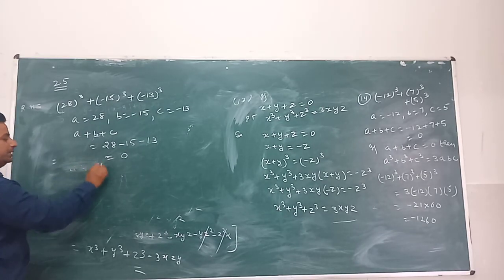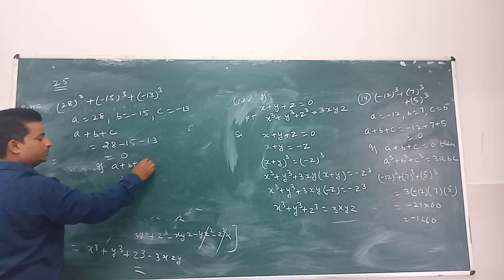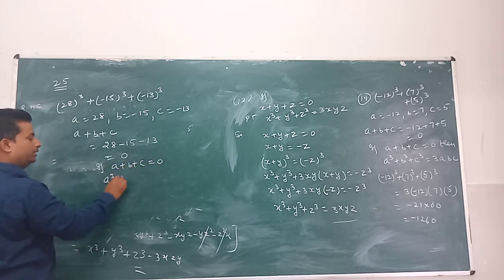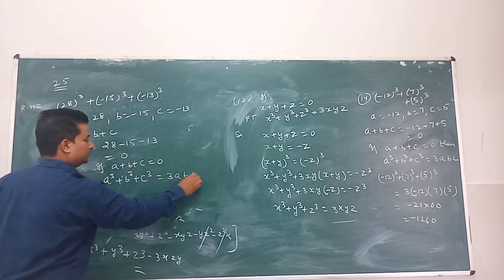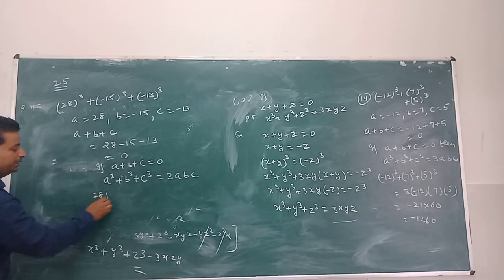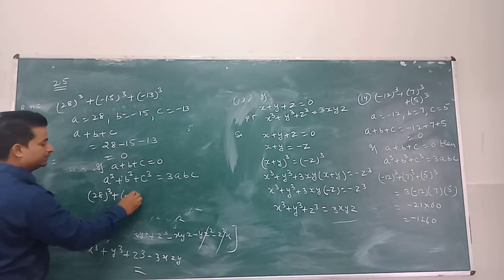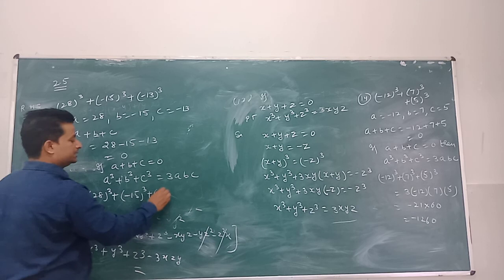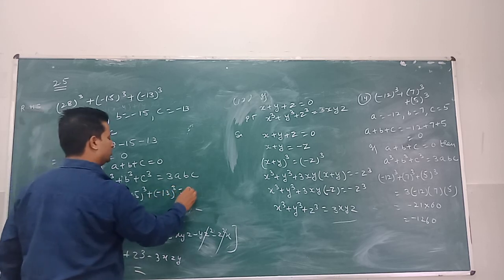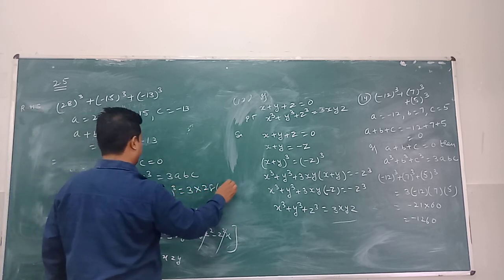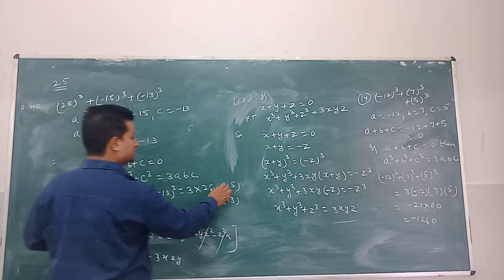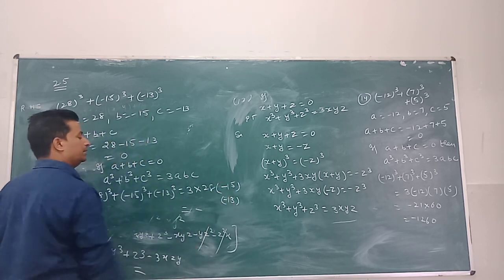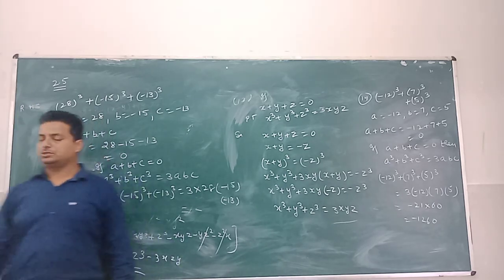If a plus b plus c equals 0, then a cube plus b cube plus c cube equals 3abc. So (28) whole cube plus (minus 15) whole cube plus (minus 13) whole cube is equal to 3 into 28 into minus 15 into minus 13. Multiply all these, you will get the answer of this question.